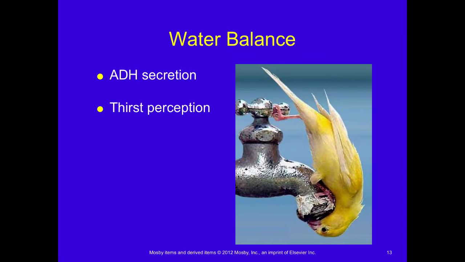Okay. Next, I want to talk to you about ADH, which is antidiuretic hormone secretion. This is really important because we're going to talk about diseases that are involved with irregular amounts of ADH secretion.